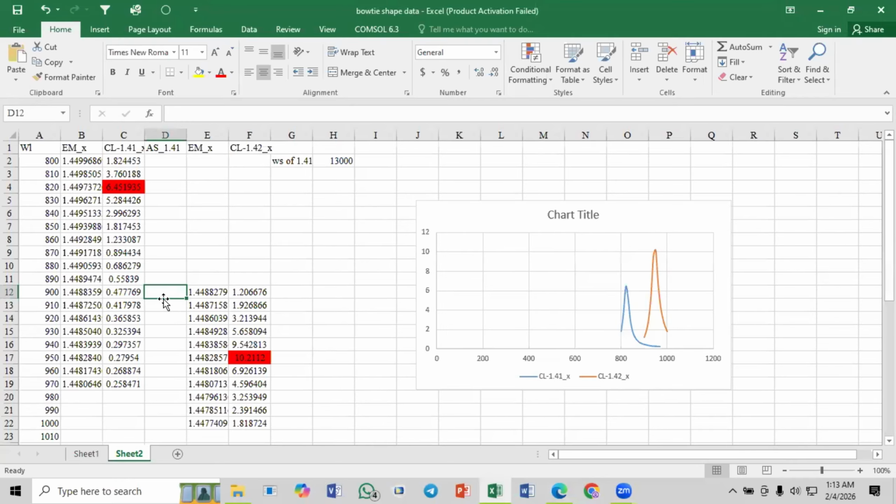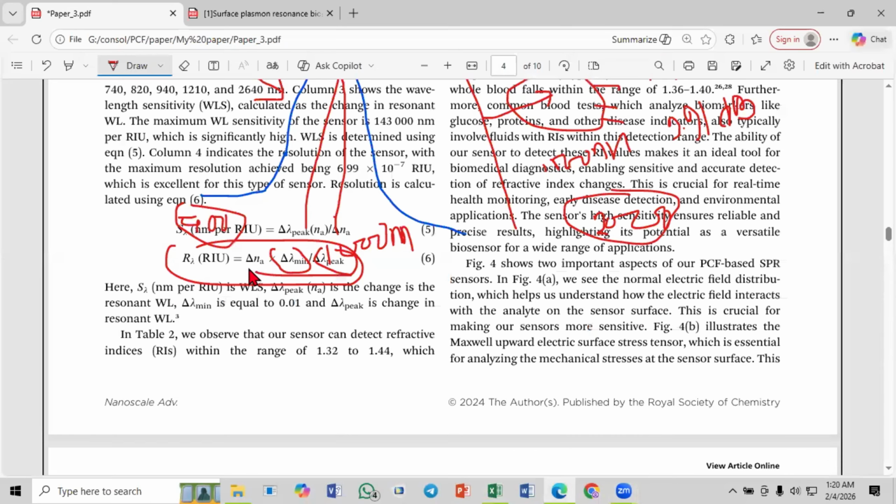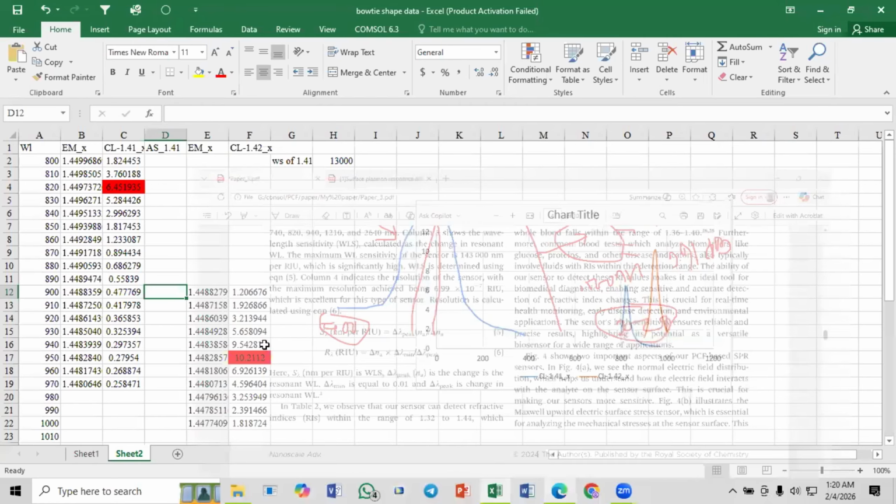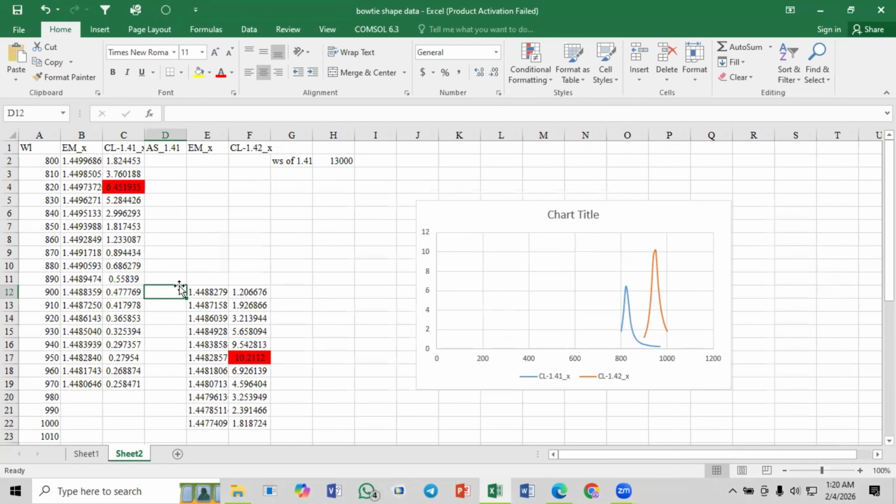Now I will tell you how we can calculate amplitude sensitivity. As we've seen, this is the equation: the difference of refractive index, multiplied by lambda minimum and divided by lambda peak.